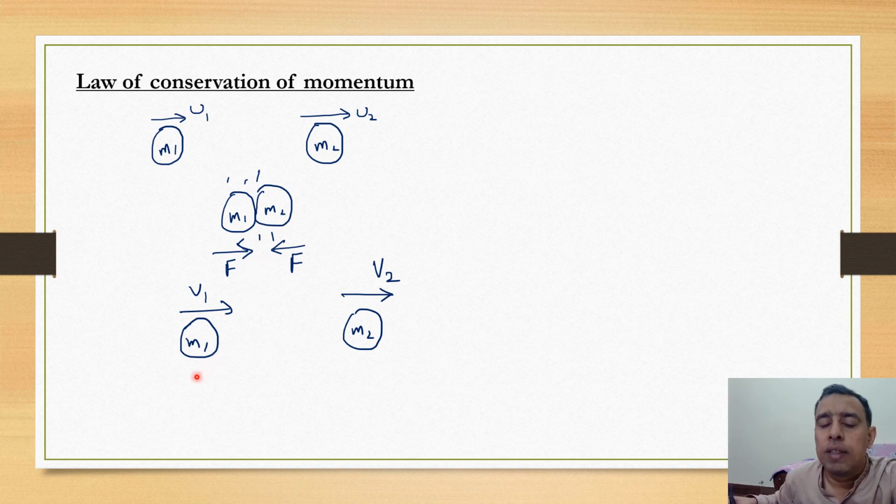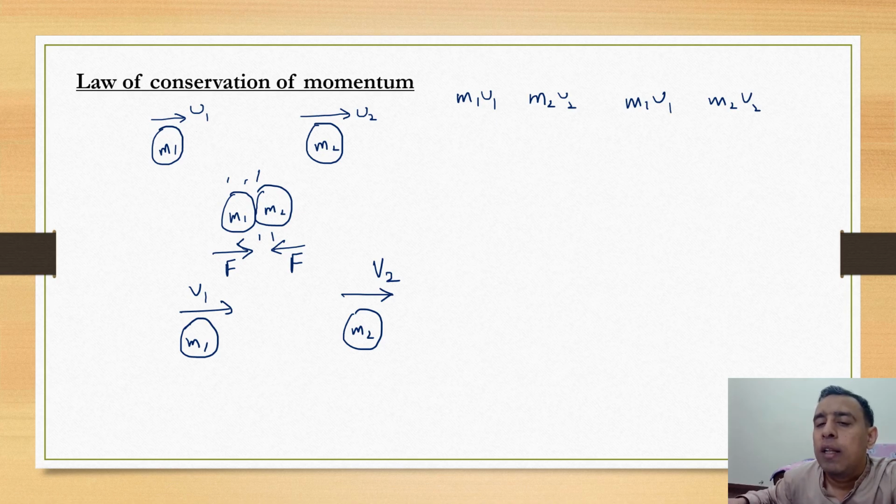So after the collision, the mass and velocity are m1 and v1 and the momentum is m1 v1, and for the other body the momentum is m2 v2. So first of all, momentum is m1 u1 for this body, momentum m2 u2 for this body, momentum m1 v1 and m2 v2 for these bodies after the collision.